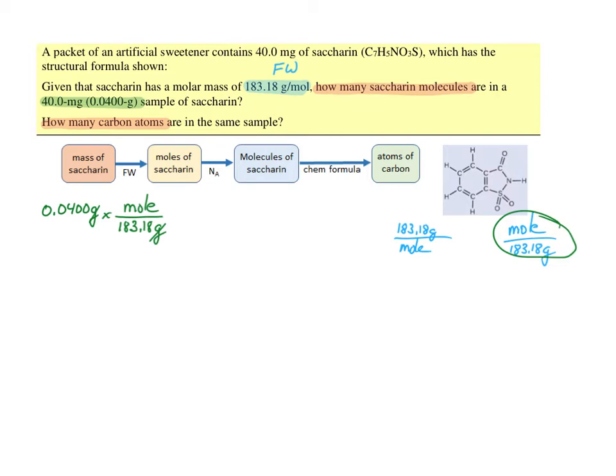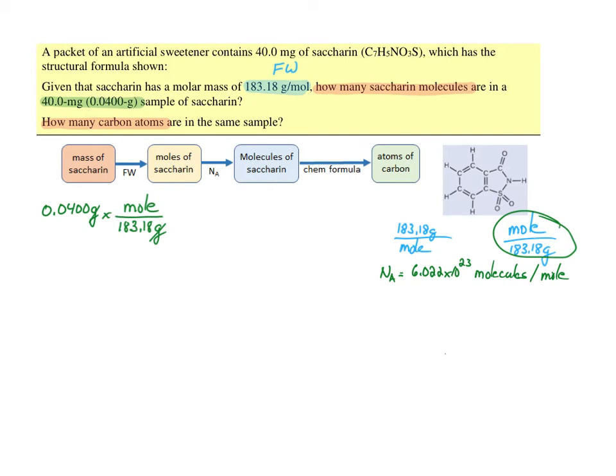Next, we want to get to the number of molecules of saccharin. We're going to be using Avogadro's number as a conversion factor, 6.022 times 10 to the 23rd. And since we're dealing with compounds, this is the number of molecules of saccharin we have in a mole.